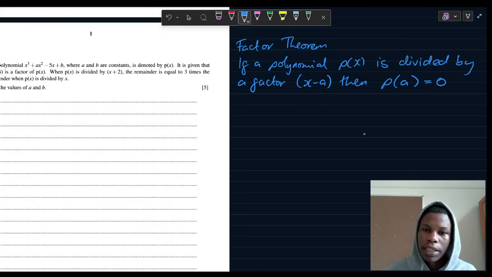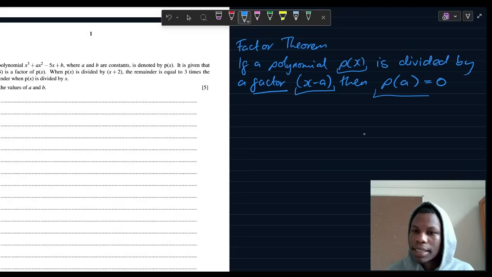This is the factor theorem. If you divide p of x by x minus a and x minus a happens to be a factor, then we can say that p of a is equal to 0.